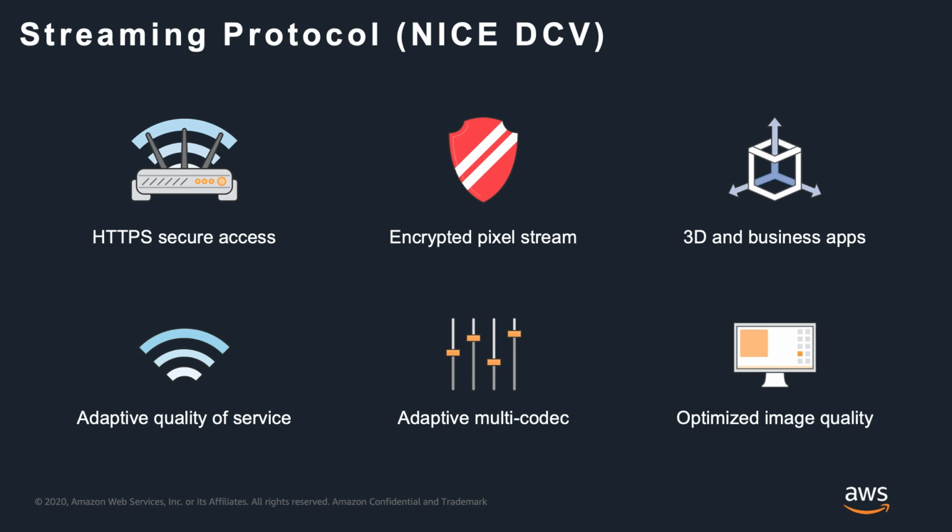That is actually something also available to visualize head node or resources on a cluster or on EC2 instances. And this is using HTTPS, secure access, encrypted pixel stream, and actually gives really genuinely good latency and quality that you'll be extremely impressed by how it feels.